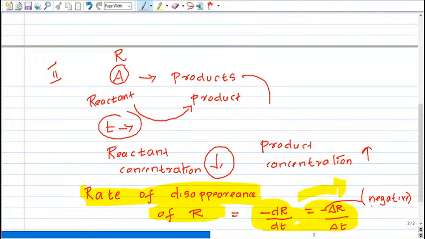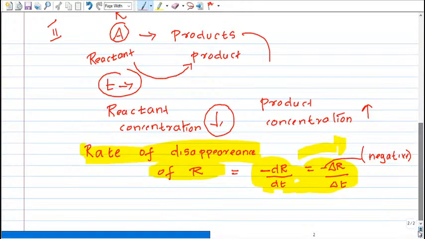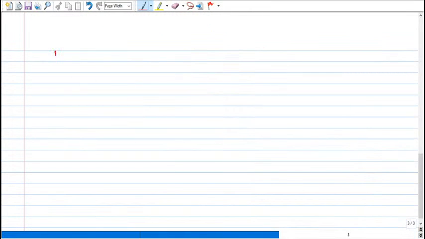So now we are going into the third part. The second part is over. What is the third part? The third one is nothing but rate of appearance of P. P means product.